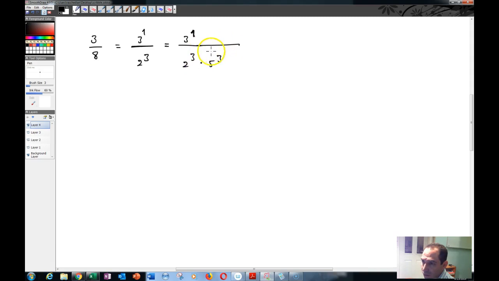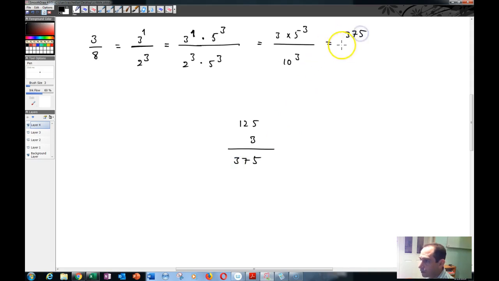And since I have multiplied 5 cube over here, I can multiply 5 cube over here as well, and then I have basically 3 times 5 cube over 10 raised to the power 3, which is equal to 125 times 3, which is equal to 375 over 1000, which is equal to 0.375.